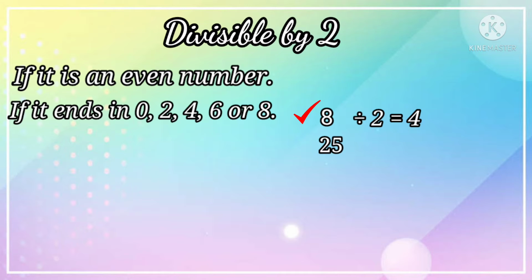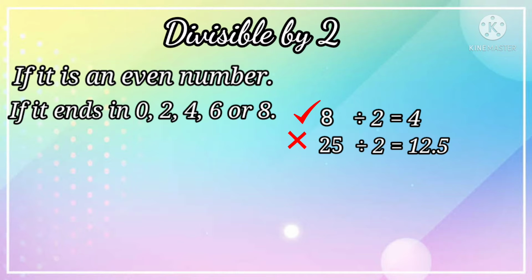We have 5. So since that 5 is an odd number, therefore it is not divisible by 2. So to check, 25 divided by 2 is equal to 12.5.